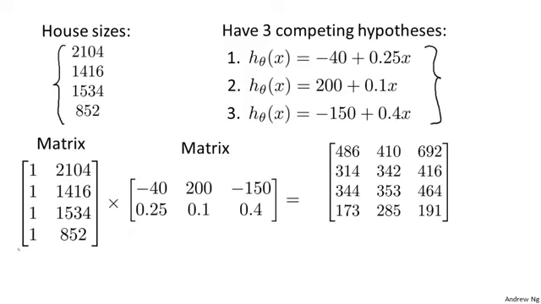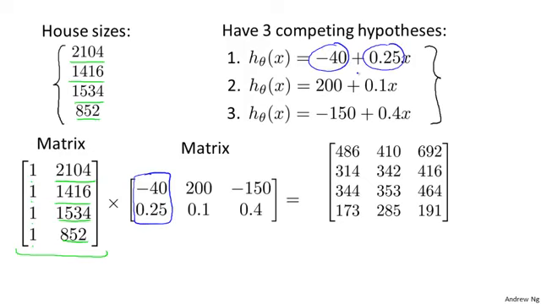So here on the left is my usual matrix, same as from the last video, where these values are my housing prices, and I've put ones here on the left as well. And what I'm going to do is construct another matrix where the first column is this -40 and 0.25, and the second column is this 200, 0.1, and so on. Okay?